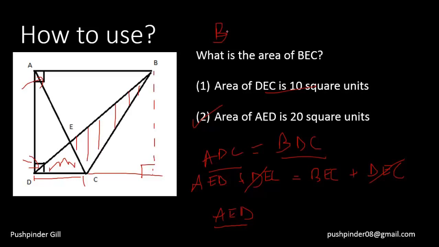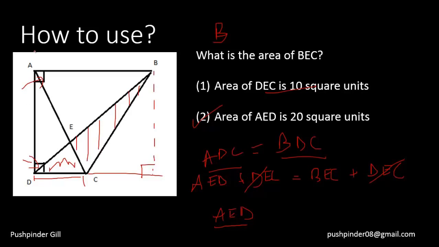So let me just take a quick recap. Now as I said, geometry is all about using the right property at the right time. Now he was asking me to compare the areas. How would I know that I have to compare the base and the height of both the triangles? It's simple, because whenever you're comparing the areas of two triangles, make sure that you're comparing their bases and their heights.